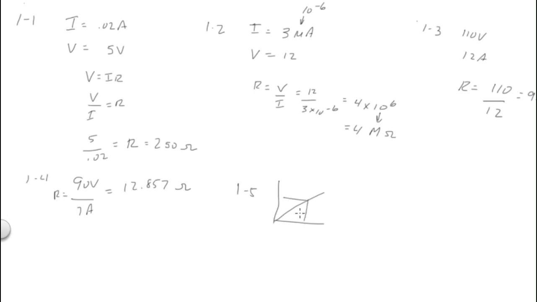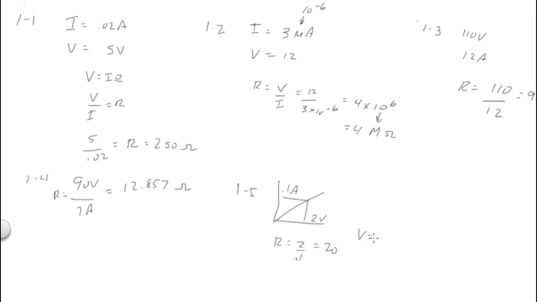So you got a graph, right? You got a point on that graph. So you got 0.1 amp and you have 2 volts. From that we can find R is 2 over 0.1, or 20. Now it asks us in 1.5, once we've got R, we can go hunting. Find the current when the voltage is 4.